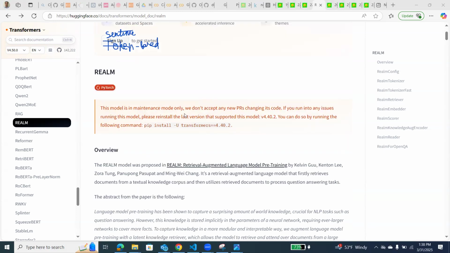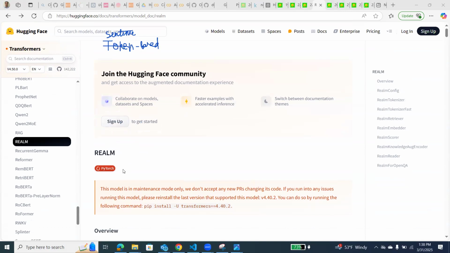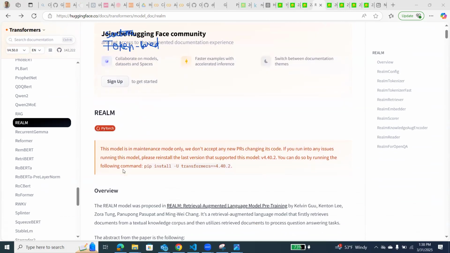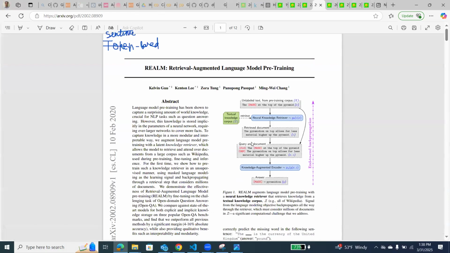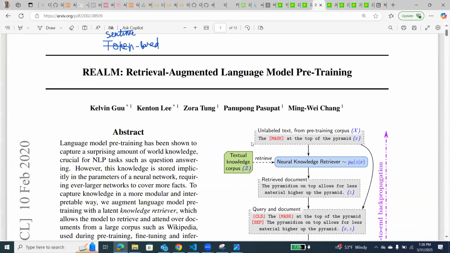And there was the first paper, REALM. You can see that you can also use it from Hugging Face. A retrieval augmented LM.